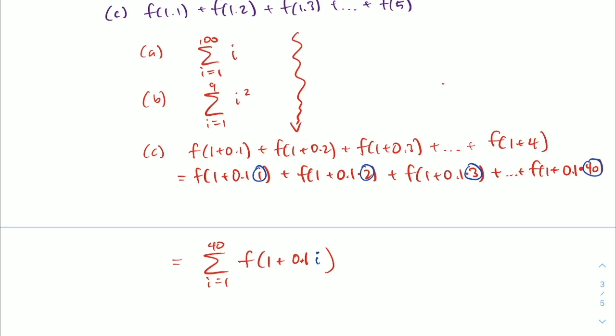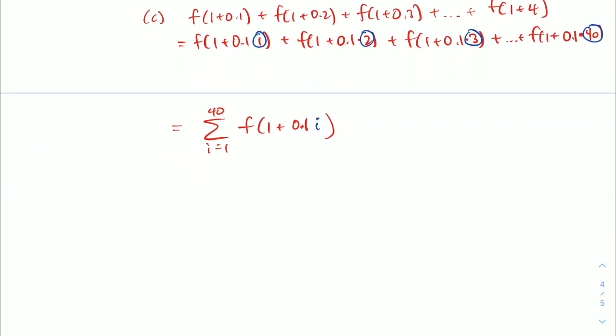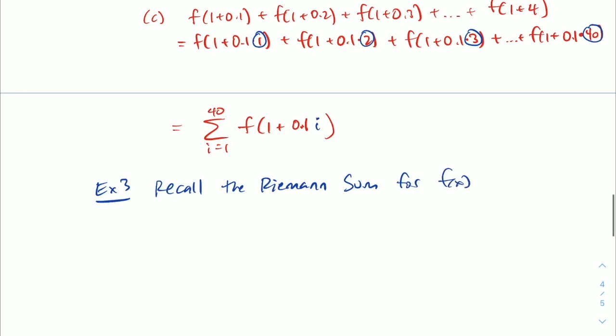Okay, so in a previous video we talked about the Riemann sum. This will be my third example. So recall the Riemann sum for f of x from x equals a to x equals b was given by this formula.